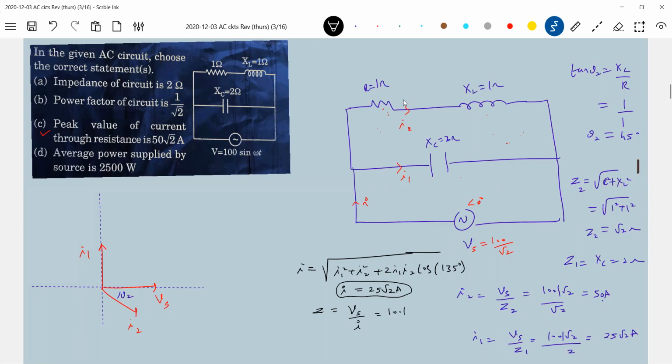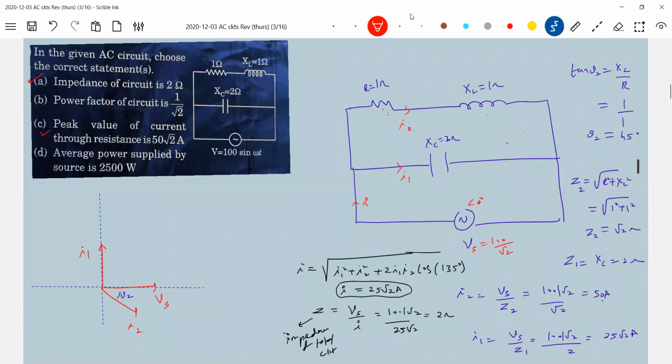Okay, now this will be 100 by root 2, by 25 root 2, which is 2 ohm. That is the total impedance of the circuit. Okay, that's one answer. So I got the impedance.